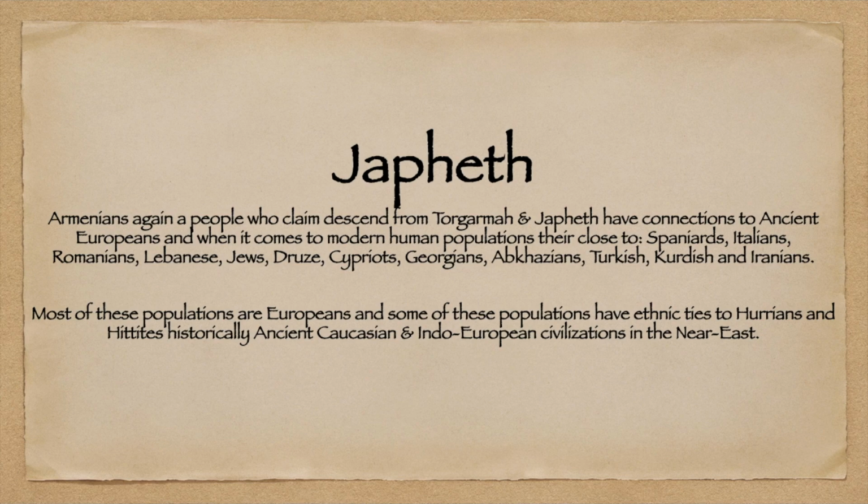Armenians, again, a people who claim descent from Togarmah and Japheth, have connections to ancient Europeans, and when it comes to modern human populations, they're close to Spaniards, Italians, Romanians, Lebanese, Jews, Druze, Cretans, Georgians, Azerbaijanis, Turkish, Kurdish, and Iranians, etc. Most of these populations are either Indo-European, and some of these populations have ethnic ties to Hurrians and Hittites, historically ancient Caucasian and Indo-European civilizations in the Near East. All of this lines up.